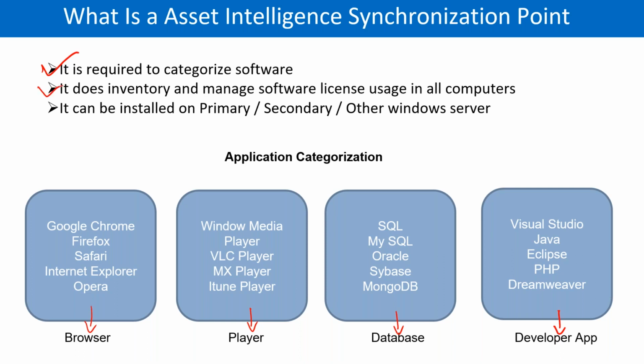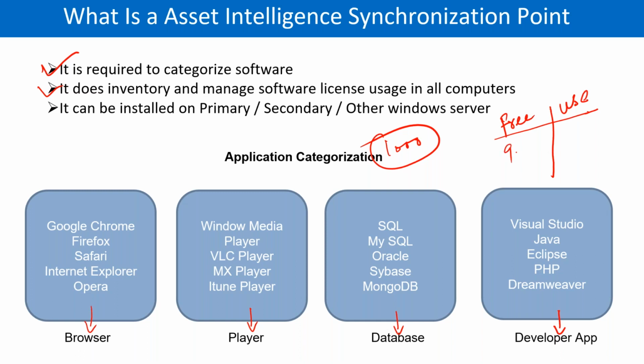Then it does inventory and manages license as well. For example, you purchase Adobe Acrobat Professional license, 1,000 licenses. Now you start giving license to the users. So you will have a dashboard with free and in use.